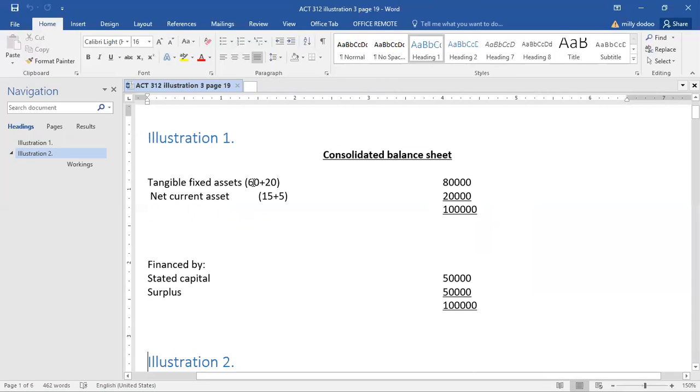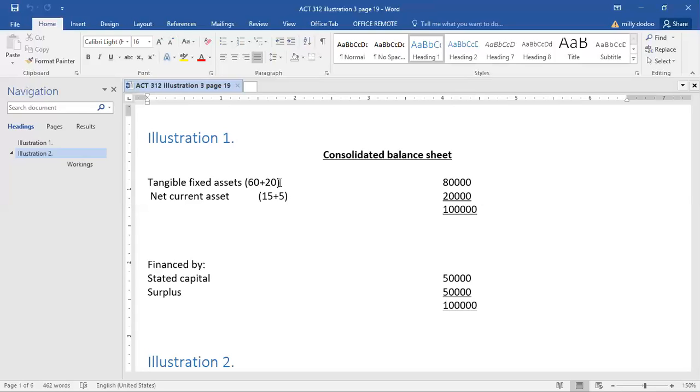Then the asset of H, 60,000, is added to the asset of S, 20,000. We get 80,000. Then we say net current asset.